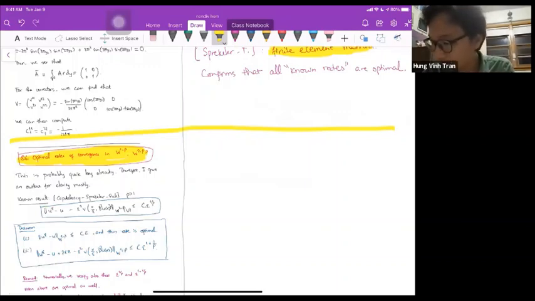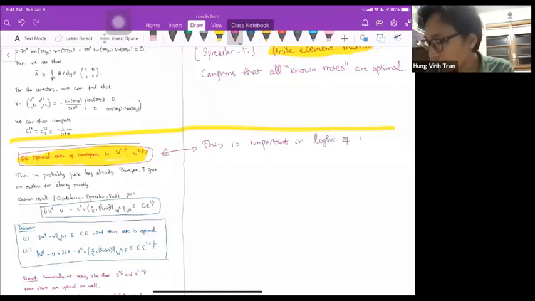Okay, so maybe let me say this: this is important in light of the finite element method, and also very important in divergent form.